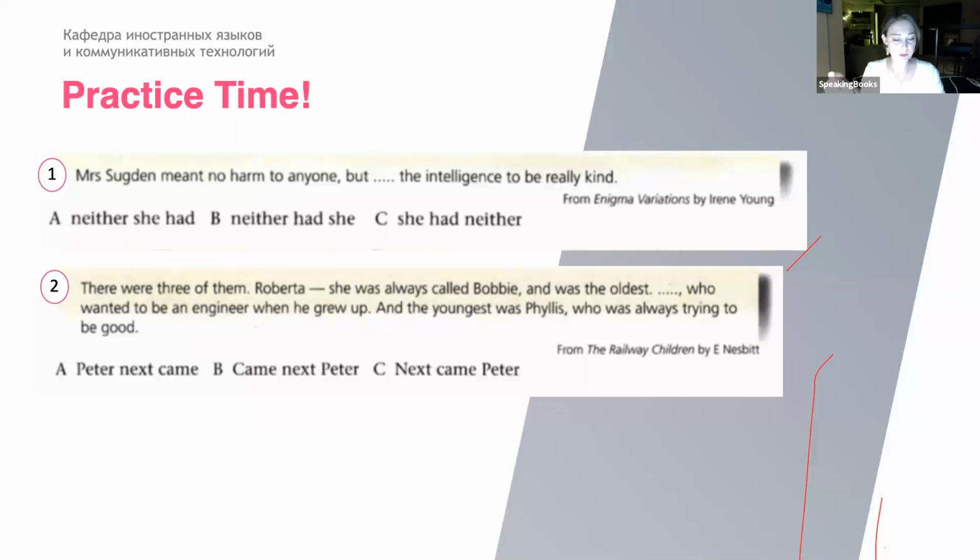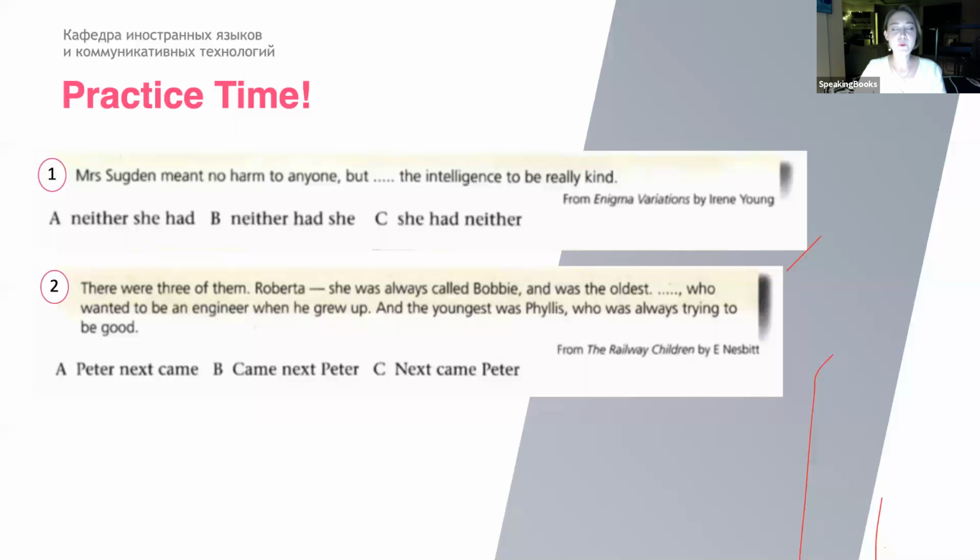Yes, absolutely correct. This is the main verb, came. Yes, great. This is the second type of inversion. Lovely, good. That has been quite easy for you.